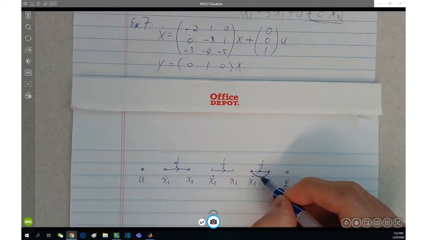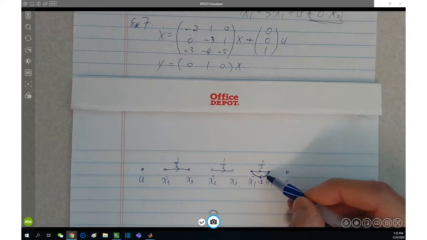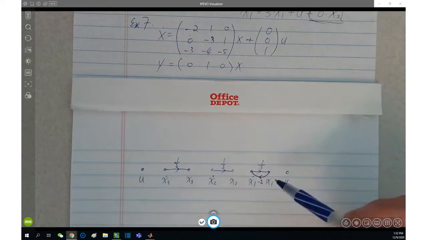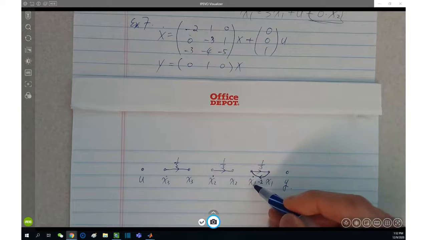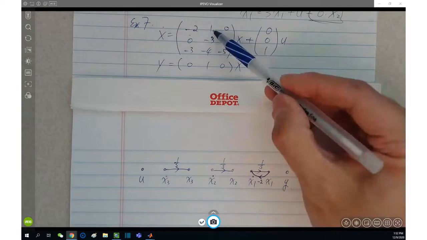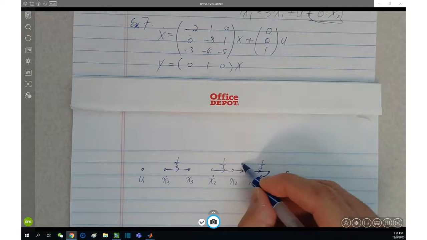x1 dot equals 2, -2. -2, since this once again is going backwards towards the left, so it's below the horizontal line. -2 times x1 contributing to x1 dot, and also we have 1 here, a gain of 1 contributing from x2.